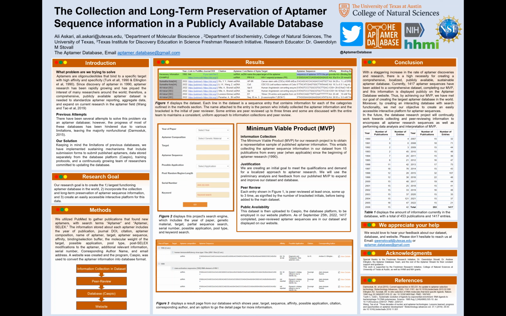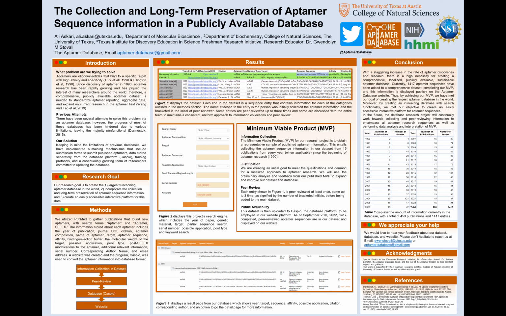We hope this database helps researchers answer some questions, such as what type of nucleotides are found in most aptamers? Are there similarities between aptamer sequences that were selected against related proteins? And many more questions. In the future, the database research project will continually work toward collecting and peer reviewing information to encompass all aptamer sequences, as well as performing data analysis and interpretation of our data.